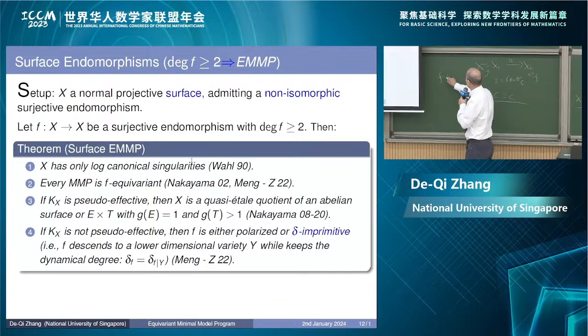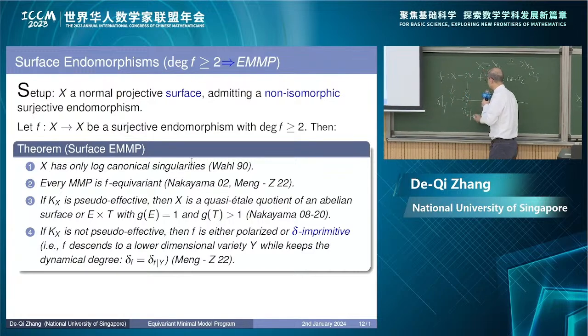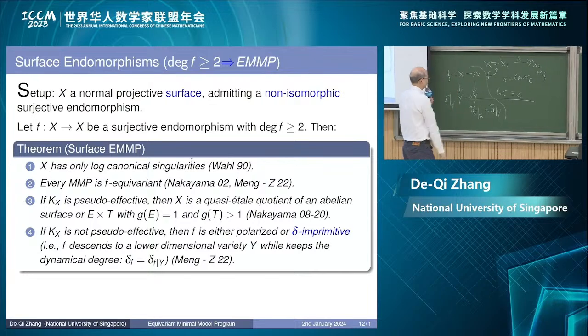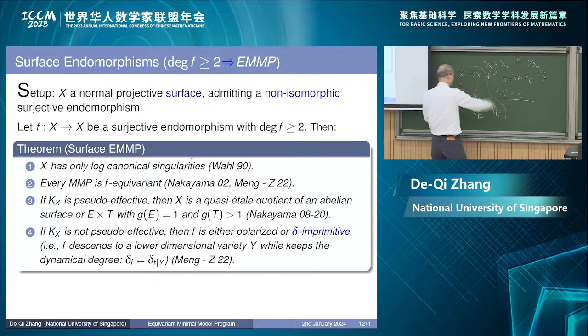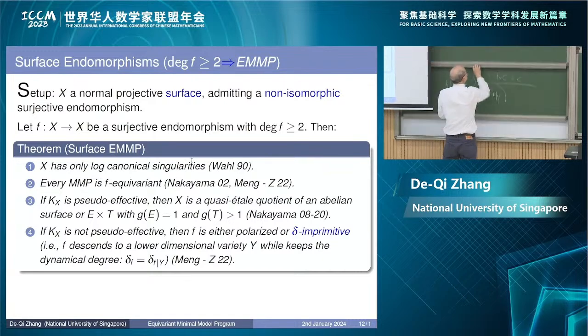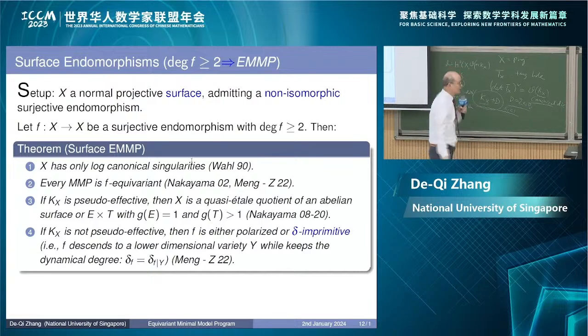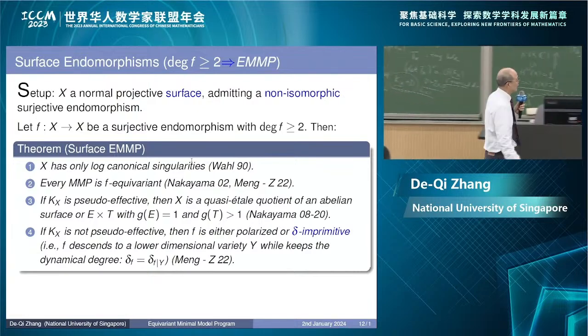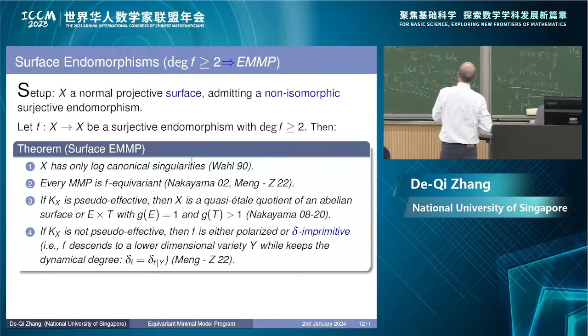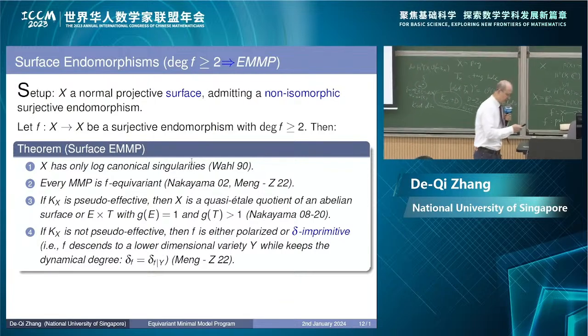So you have f: X to X, then you have descent to something Y. And the dynamic degree of X is equal to the dynamic degree I'm going to introduce on Y. So in that sense, the complexity is preserved, so you can reduce to lower dimension. So here dimension 2 and there dimension 1, a curve. So that's so-called delta-imprimitive. Delta is short for the dynamic degree.